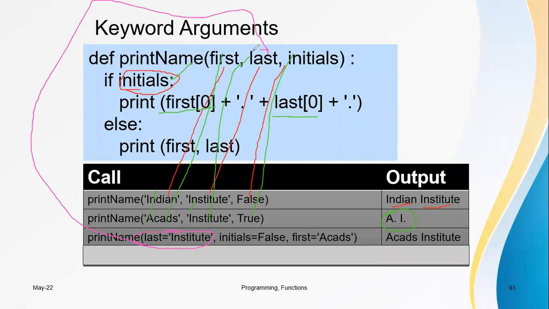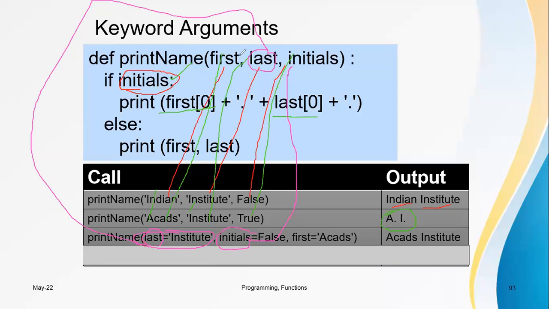So the second variable is mentioned here, first variable. But even though I have done it, I have mentioned what the key variable actually is. Initial, that is the last variable, that is false. Though it is mentioned in the second place, I have mentioned it very clearly. The key is actually the third variable.